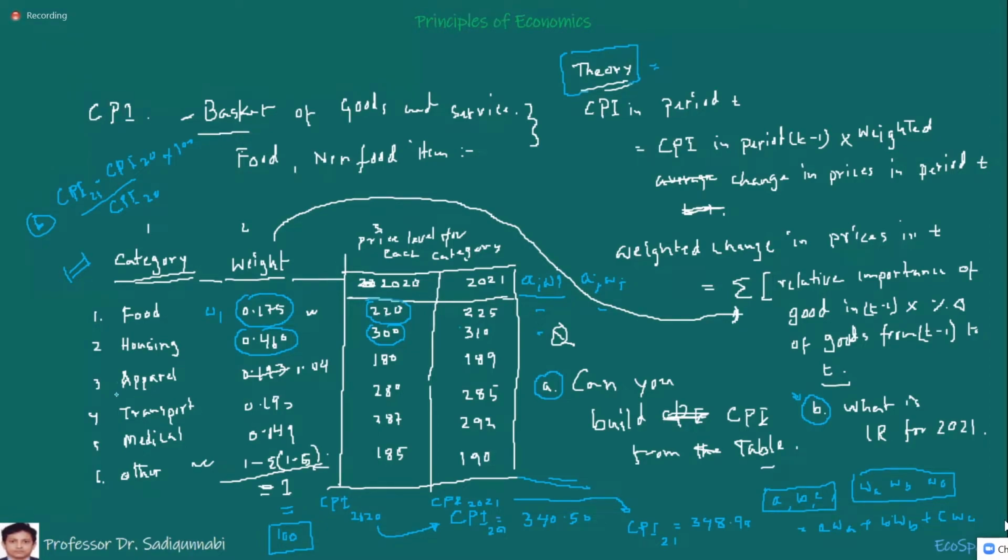What is the weight for food? 17.5%. What could be the weight for medical? 4.9%.